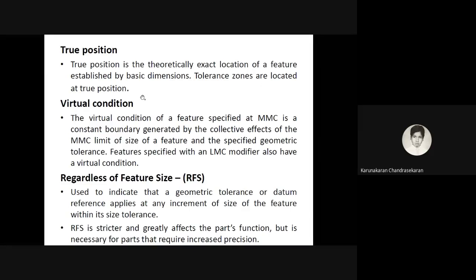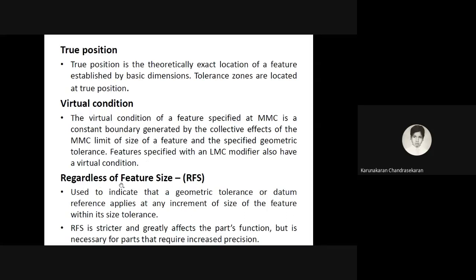Virtual condition of a feature specified at MMC is a constant boundary generated by the collective effects of the maximum material condition limit size of a feature. Okay, so virtual condition mostly exists at the MMC limit, the maximum material condition limit.